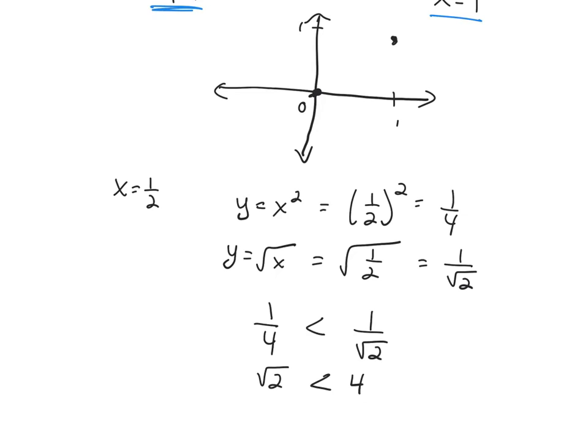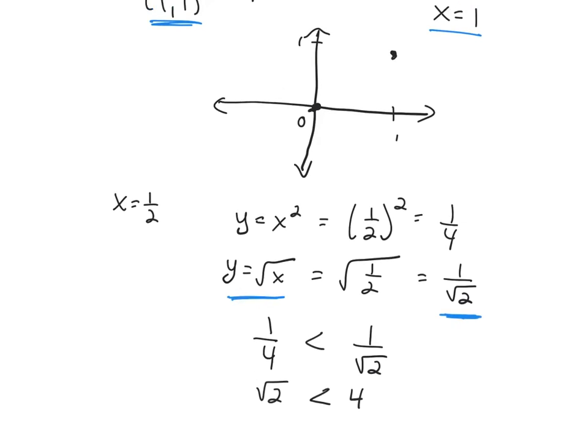So it looks like the larger value is this 1 over square root of 2. So this tells me that this function here, square root of x, is going to be on top.